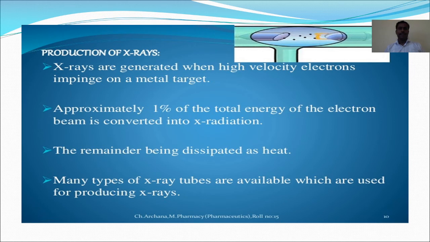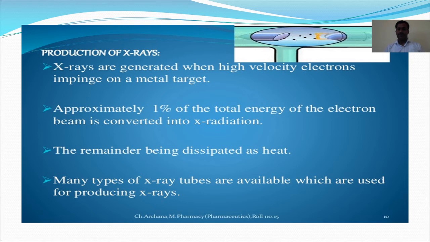Production of X-rays. X-rays are generated when high velocity electrons impinge on a metal target. Approximately 1% of the total energy of the electron beam is converted into X-radiation, the remainder being dissipated as heat.